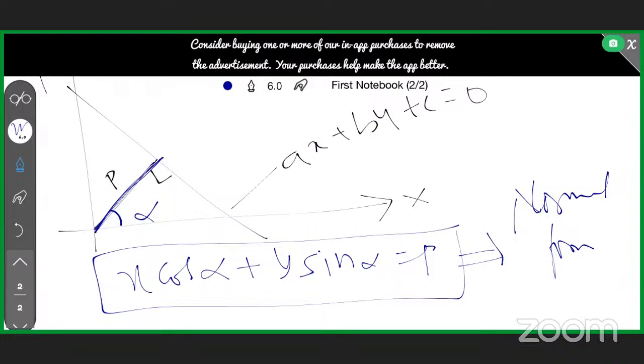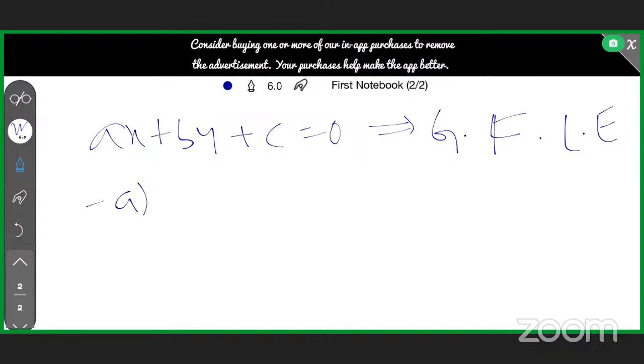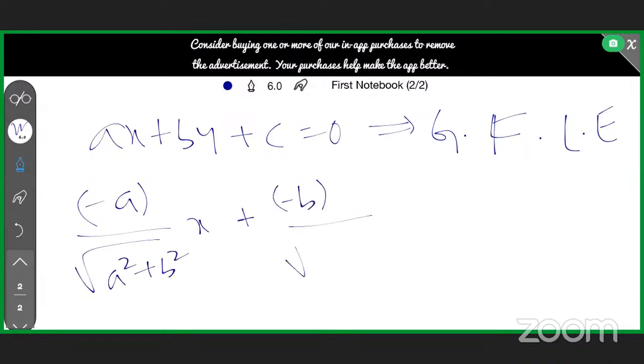Now, based on this equation, if Ax plus By plus C is equal to 0 is the general form of the line equation, then the normal form of this equation is given by minus A over root of A squared plus B squared into x, plus minus B over root of A squared plus B squared into y, is equal to C over root of A squared plus B squared.